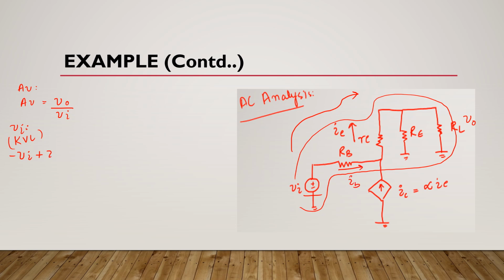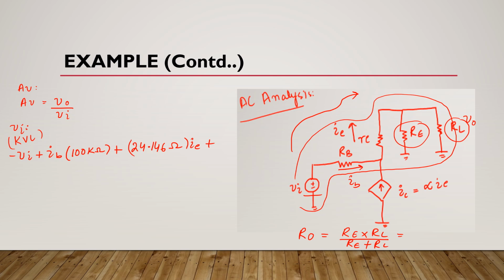So here we have plus IB RB, and we know that RB is 100 kilo ohms, and the value of this Re is 24.146 ohms, and here current is IE, plus we know that this RE and this RL are in parallel, so their equivalent resistance R naught is equal to RE multiplied by RL divided by RE plus RL.